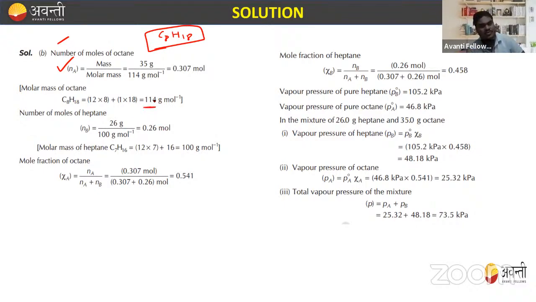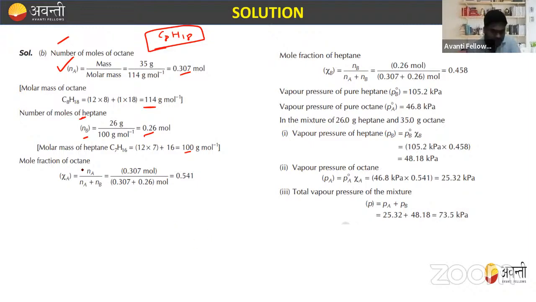So the molecular mass comes out to be 114. Just divide mass upon molecular mass, so we get the number of moles, that is 0.307 mole. Similarly, if I want to calculate the number of moles of heptane, it comes out to be 0.26 mole, because the 26 gram mass of heptane is given, divided by the molar mass. So it comes out to be 0.26.